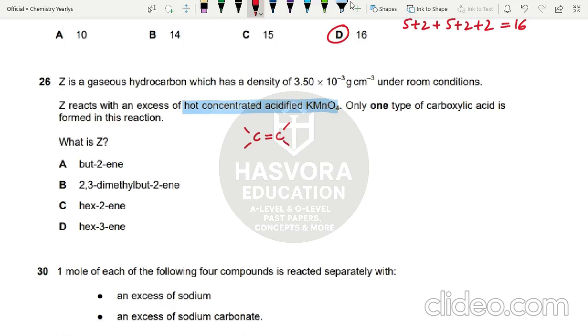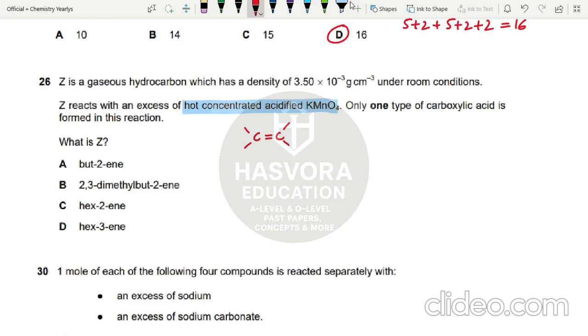That's why they will form the same type of carboxylic acid.